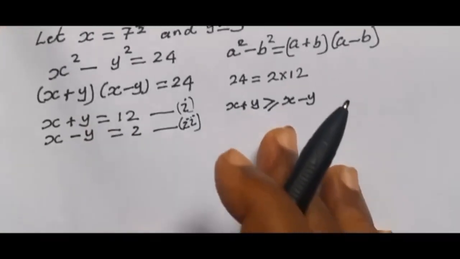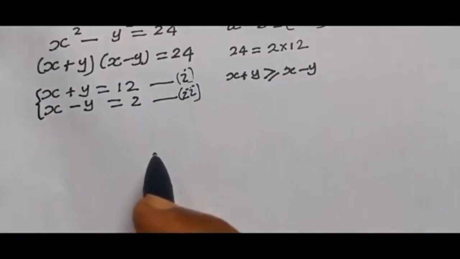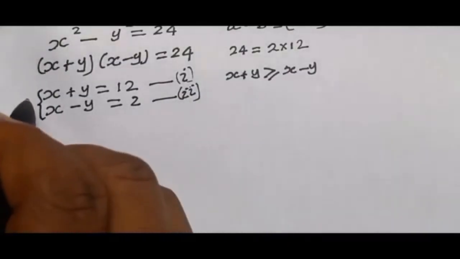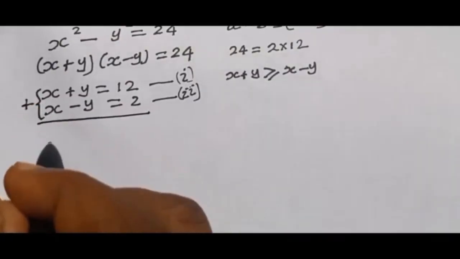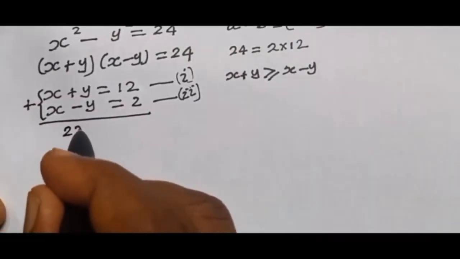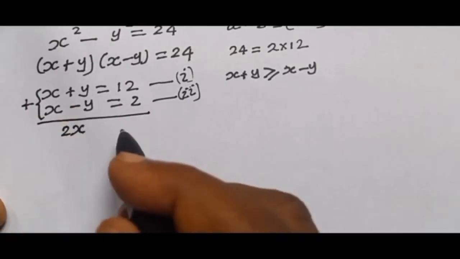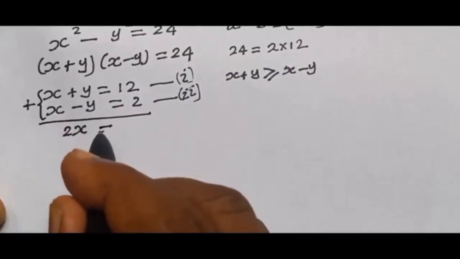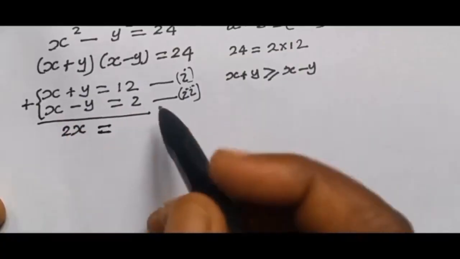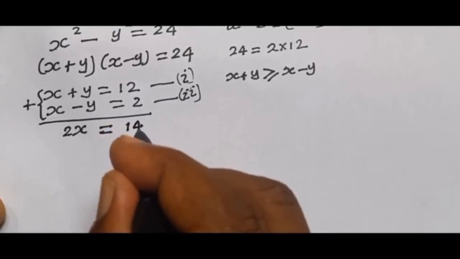So, solving these two equations simultaneously, we have the plus sign. We have x plus x, we get 2x. Here, plus y minus y cancel each other once they are added, so we remain with 0. So we have 2x equals 12 plus 2, which is 14.